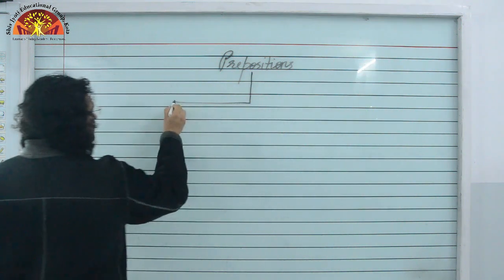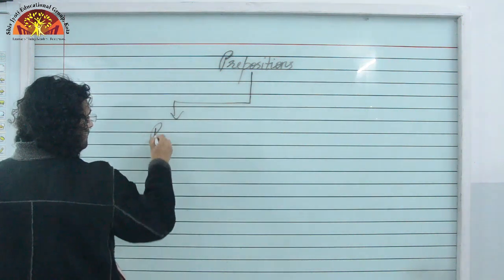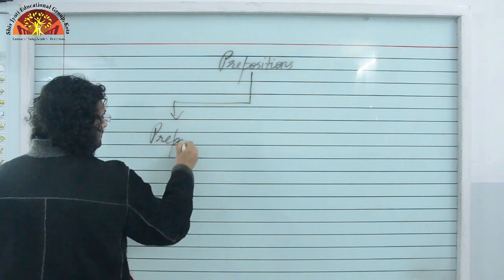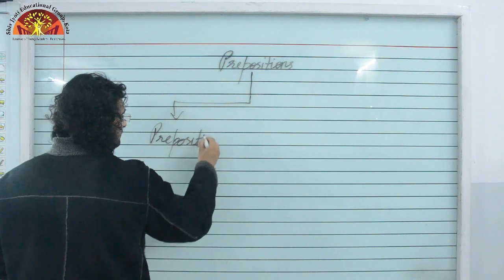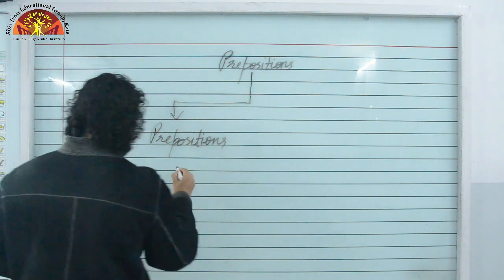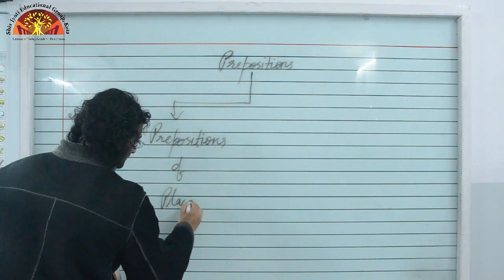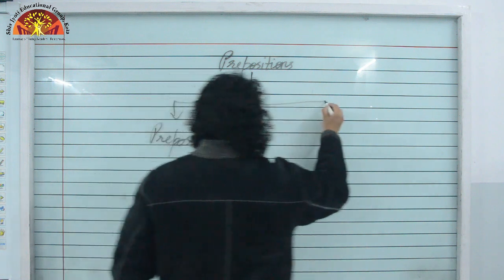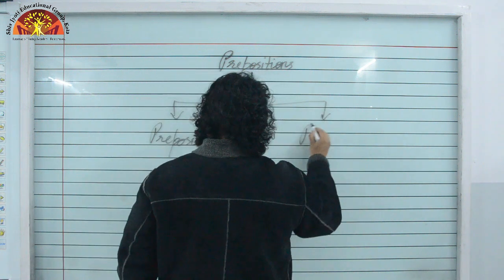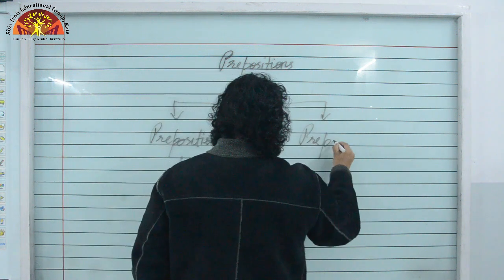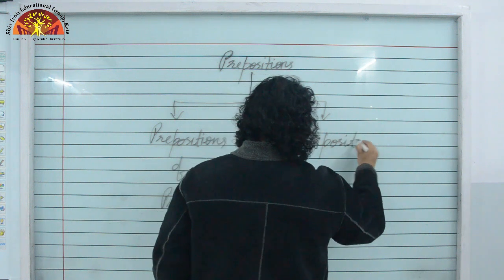Prepositions are of two types. Number one, prepositions of place, and prepositions of time.